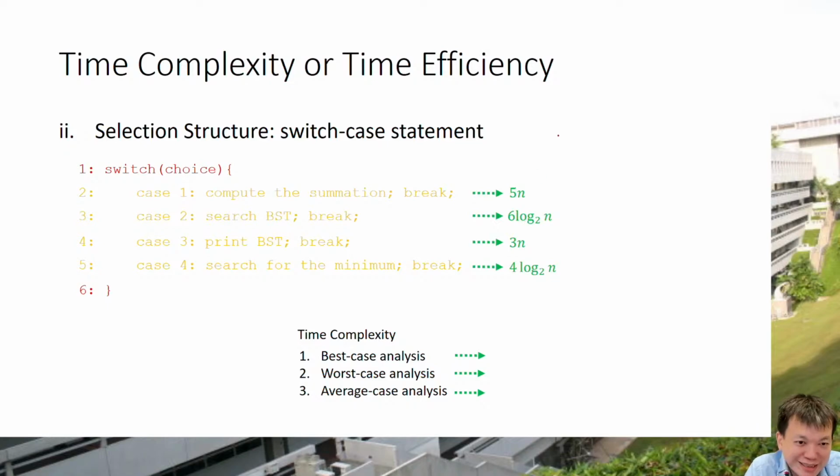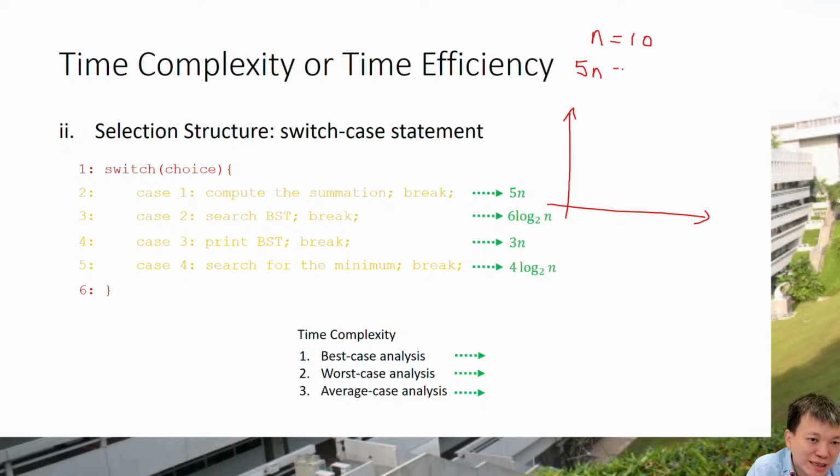Okay, this is something again I need to give you a revision. If you think about it, if n equals 10, the first one is 5n, which means if my problem size is 10, 5n is 50.